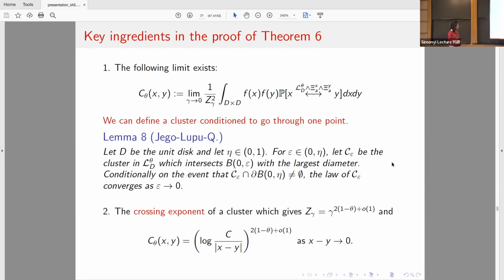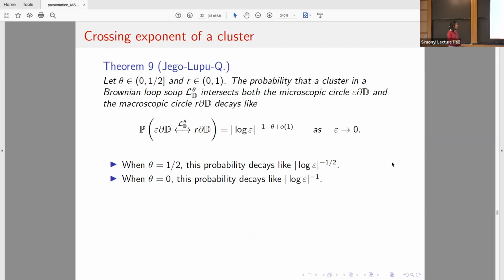So in order to now focus on the second part, the crossing exponent of a cluster, we obtain that in a loop soup with any subcritical intensity theta, the probability that a cluster in a Brownian loop soup intersects both the microscopic circle of radius epsilon and some macroscopic circle decays like log epsilon to the power of -1 plus theta.